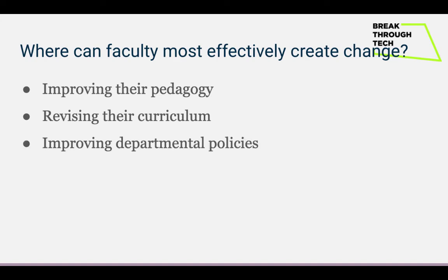This ties right into thinking about improving departmental policies. In many institutions, for a student to be successful getting into the CS major or even being a successful computer science major, it requires that they had pre-college computer science learning. But remember, access to computer science instruction at the high school level is unequally distributed by race. So Black, Latinx, and Native students are less likely to have access to computer science in high school.